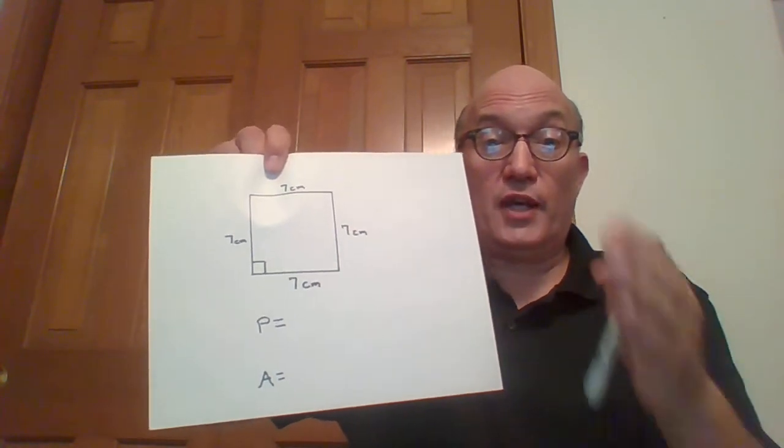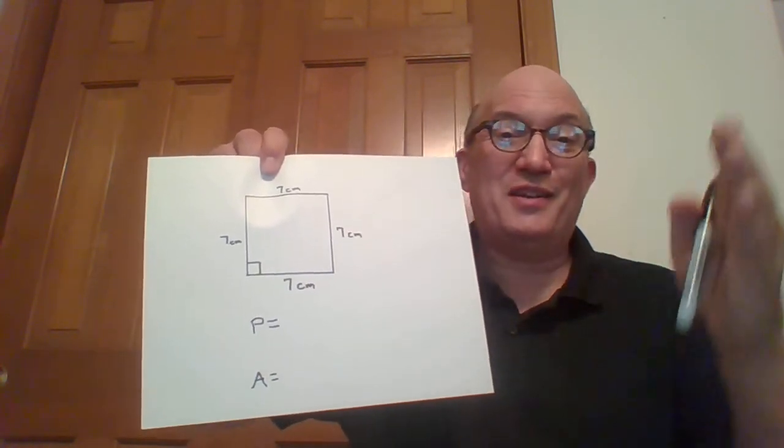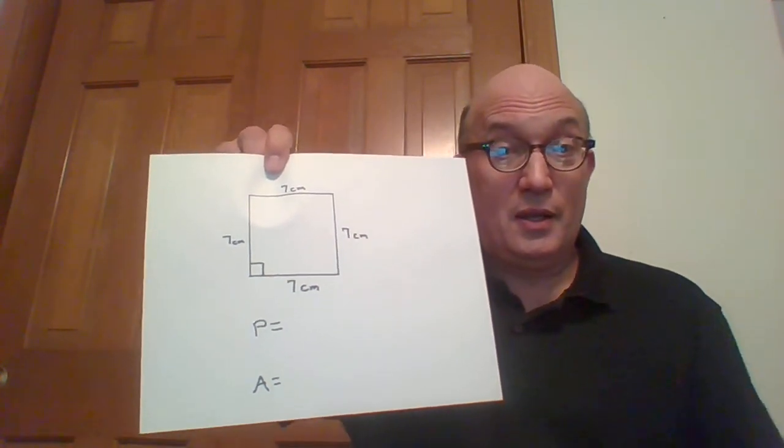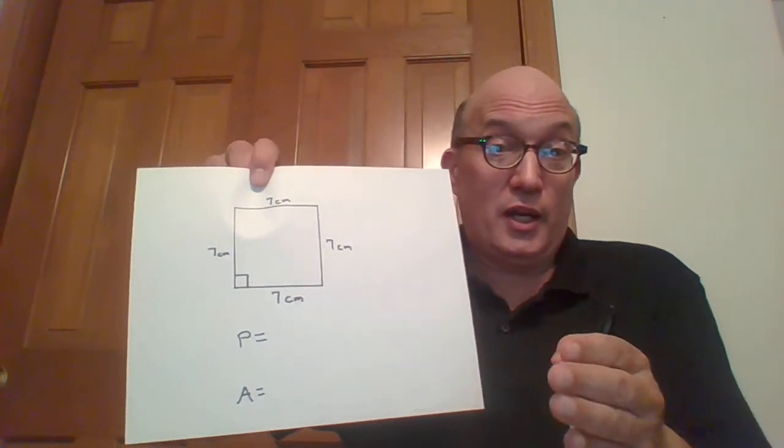If you add the 4 sides, 7 centimeters plus 7 centimeters plus 7 centimeters plus 7 centimeters is 28 centimeters. But you can take a shortcut and do 4 times 7 centimeters. Let me just do that from the formula, 4S, right? And here S is 7 centimeters. And 4 times 7 centimeters is 28 centimeters.